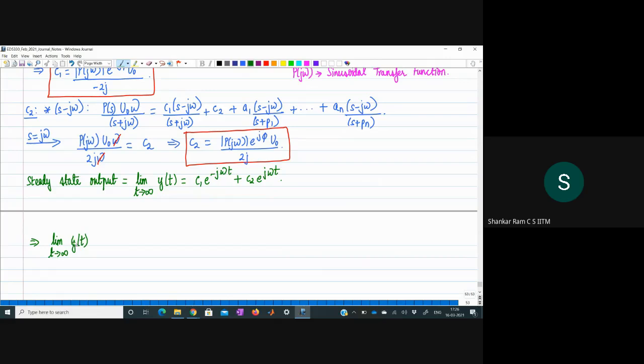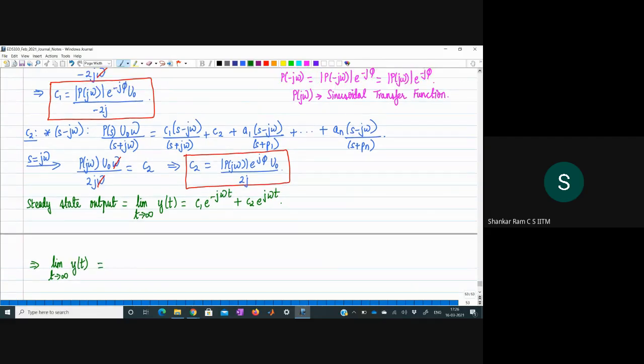If I substitute for C1, we are going to have minus u naught divided by 2j, magnitude of P of j omega e power minus j phi e power minus j omega t, right?